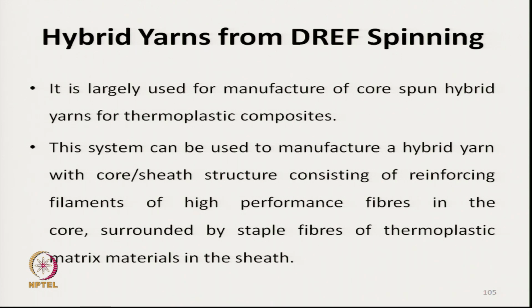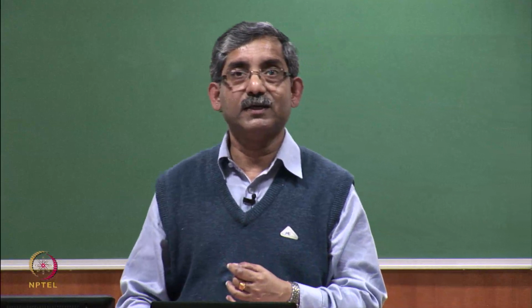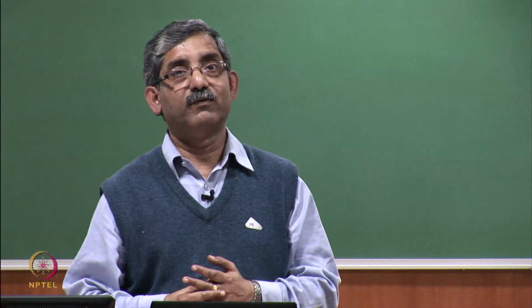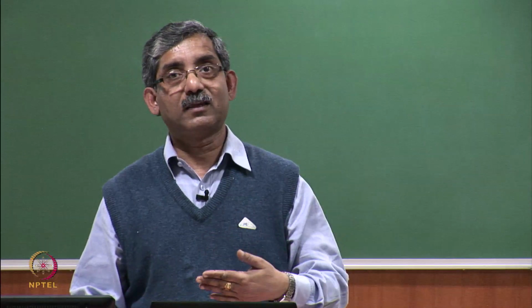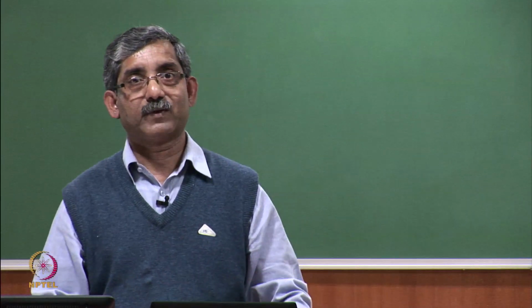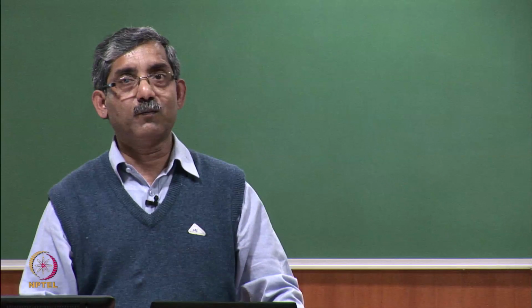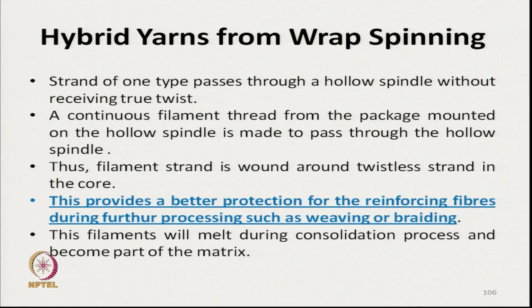In this system, in the core again the filaments are inserted for reinforcement. The main advantage here is that the filaments are not being twisted. So, strength is retained and thermoplastic components are wrapped around the core component.